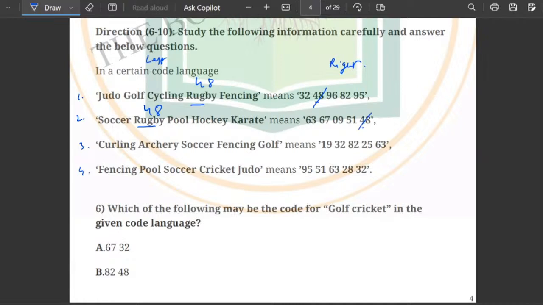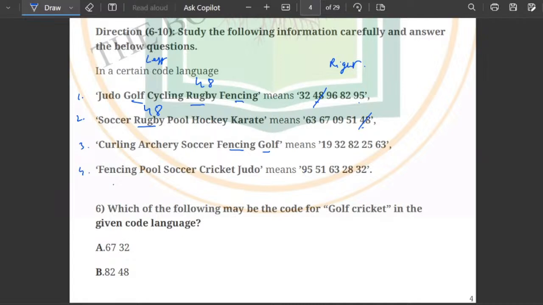Now what is common in first and third? Fencing and golf are common in first and third. Do we have fencing anywhere else? Yes, in the fourth also. So fencing is common in first, third and fourth. Similarly on the right hand side we have something common in the first, third and fourth. 95?